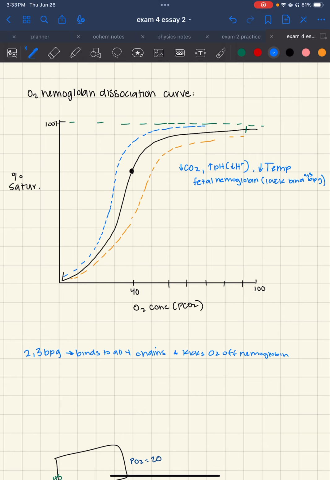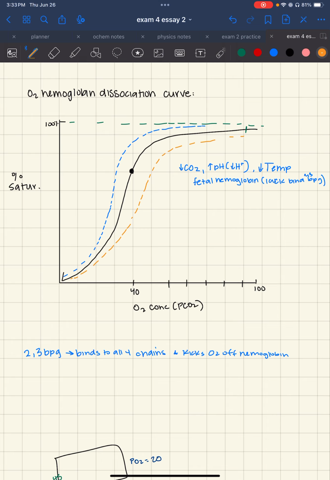So the fetus can actually steal oxygen from its mom. It's kind of ingenious the way that that was designed, but they have the ability to hold on to oxygen a little bit longer than somebody with adult hemoglobin. Even babies have adult hemoglobin. Just we have fetal hemoglobin when we are in the womb, obviously.